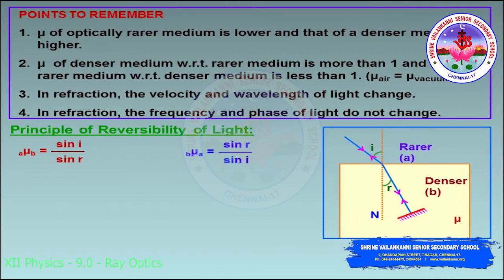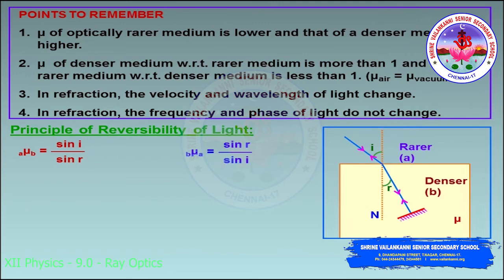So we can say that the ray which is reversed along its own path by a plane mirror placed perpendicular to its path in the denser medium, then the ray is going from medium 2 to 1. So μBA is equal to sin r by sin i.